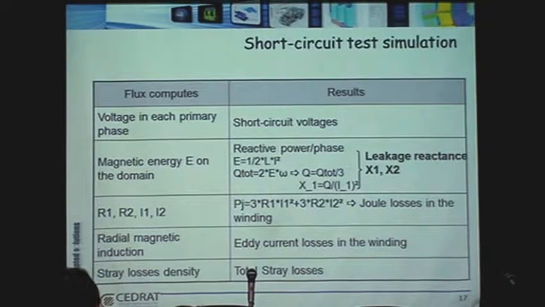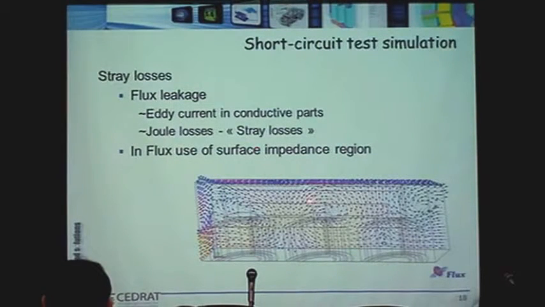So here is the information. We get the reactive power, the leakage reactance, the joule losses, and the eddy current losses in the winding. That would be using a formula based on the radial magnetic induction that we would apply, and stray losses. Here we can see the losses inside the tank.